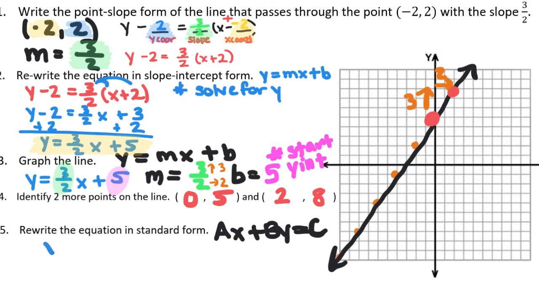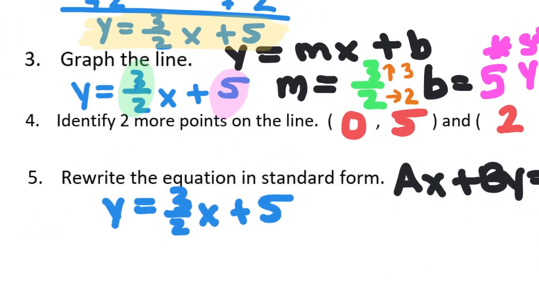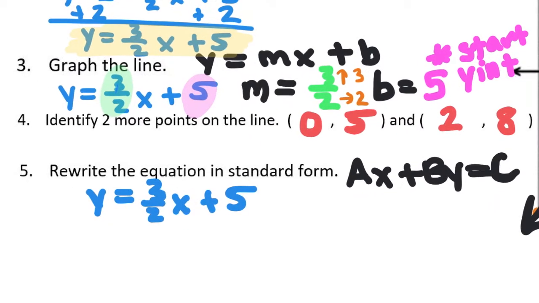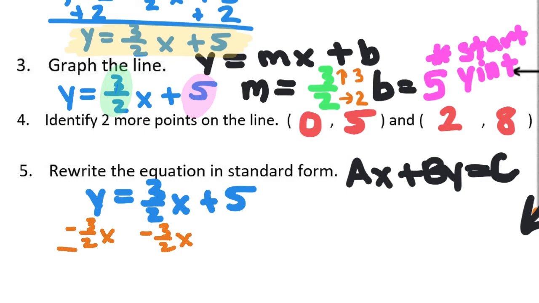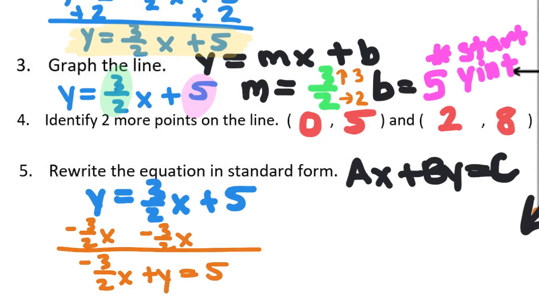So if I copy this, we first need to move the x over. So I'm going to subtract 3/2 x from both sides. So you'll have negative 3/2 x plus y equals 5, because this cancels.